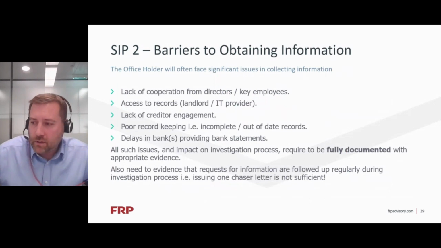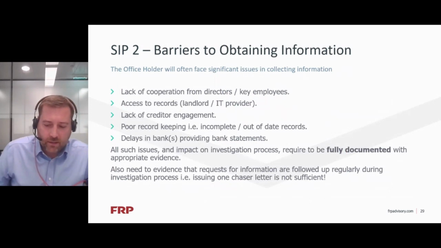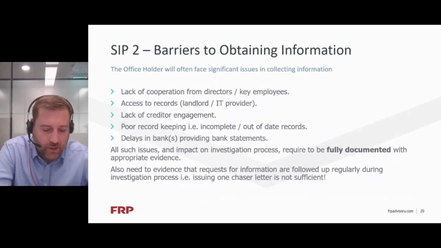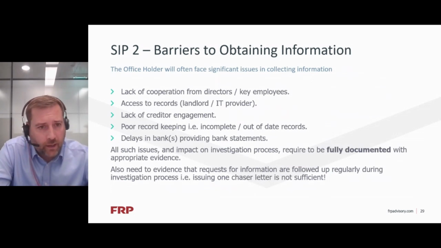As I mentioned, with insolvency cases we often encounter significant barriers to obtaining the information we need to progress investigations. Particularly in cases where it's an enforcement type scenario, or creditor-led, it might be a bit more difficult to get cooperation from the directors and key employees, and that often results in issues with information being obtained.